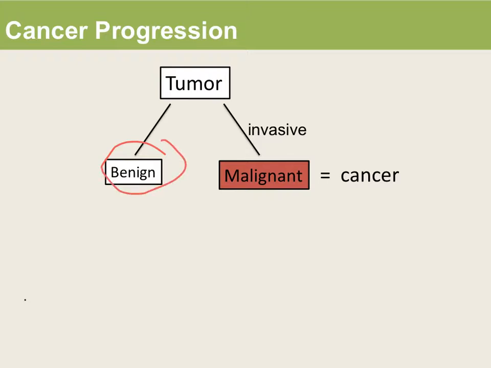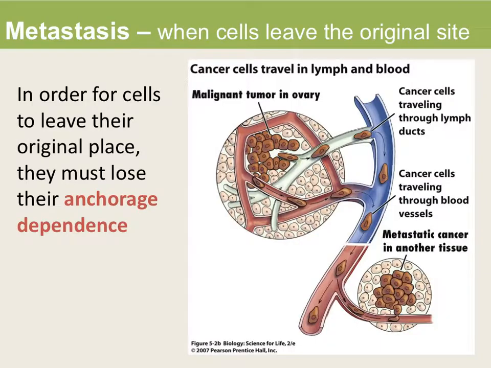Okay? Or it can be a tumor that starts invading adjacent tissue, and then it's malignant. And what has it lost, allowing it to invade? What is it called? Starts with a C. Contact inhibition. Inhibition, right. Okay.